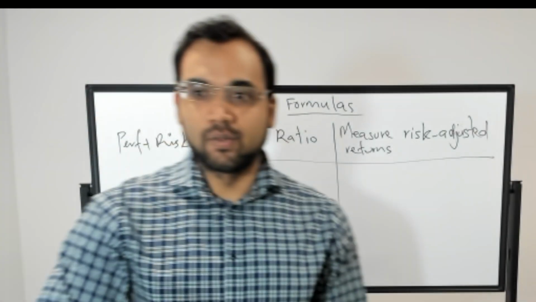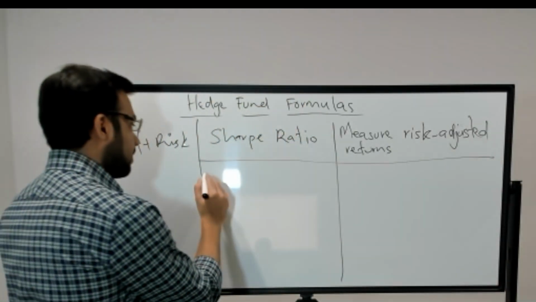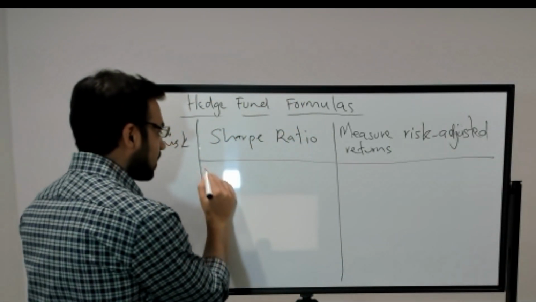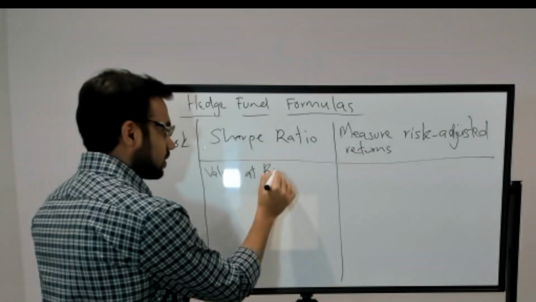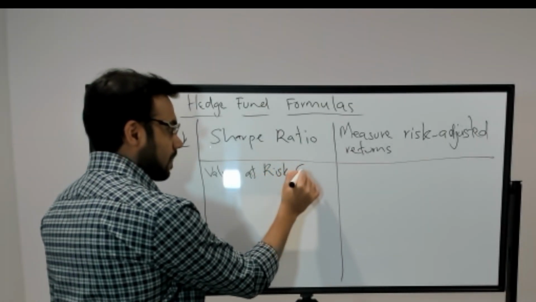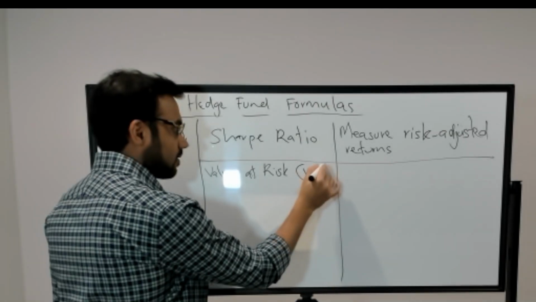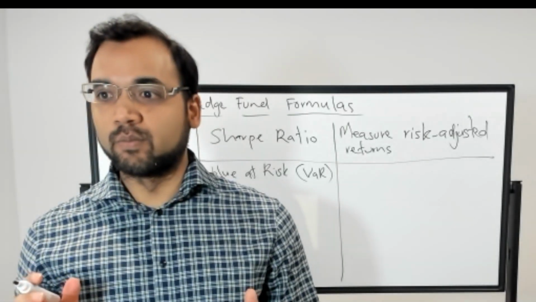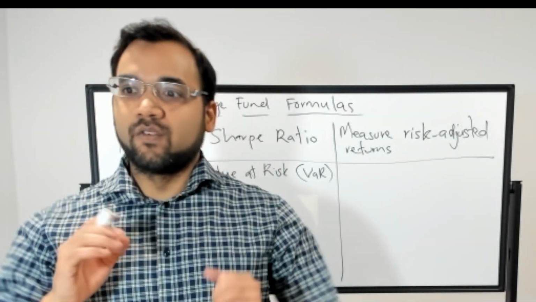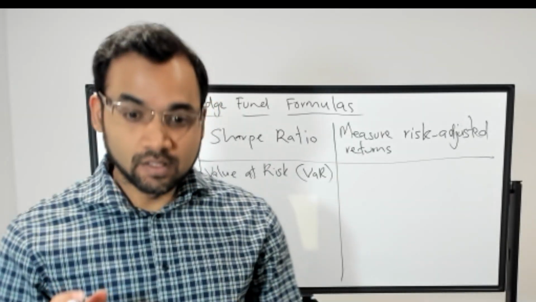Sticking to the same category, the second formula would be value at risk, VAR. Now value at risk estimates the maximum potential loss over a specific period at a given confidence level.